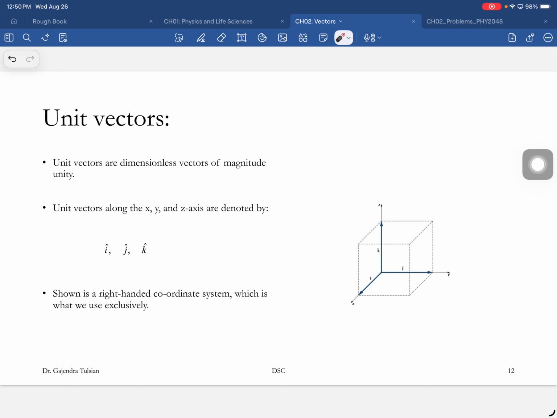So we're going to use those. What we mean by that is that way we can use those vectors when we want to write velocities, forces, momentum, and so on. These guys have no dimensions. So we'll get to that. All right. So unit vectors are vectors that have magnitude of 1.